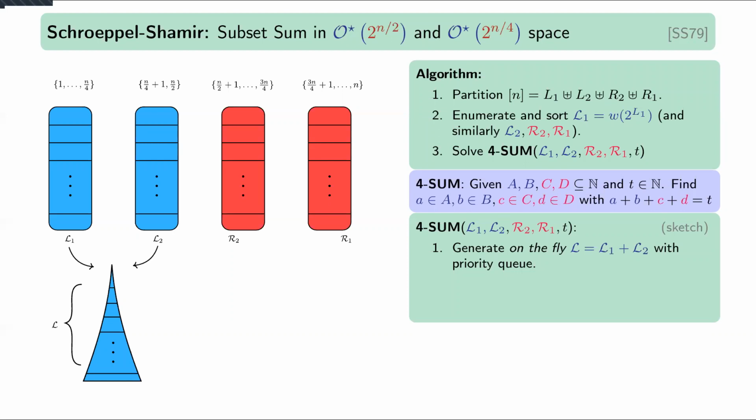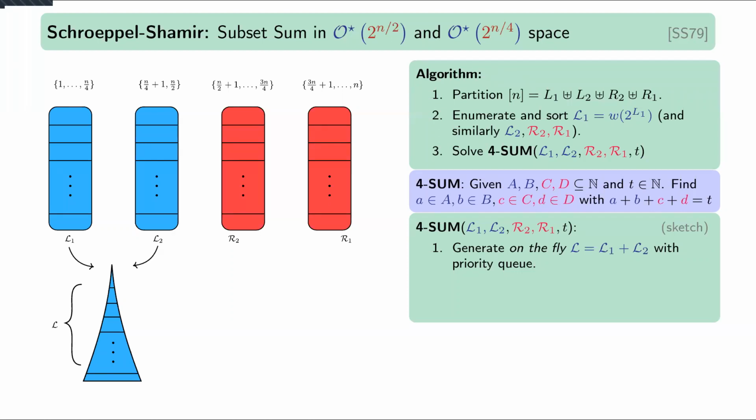The Schroeppel and Shamir idea is to generate on the fly this set calligraphic L that Horowitz and Sahni had. This set is built from calligraphic L1 and calligraphic L2, and keeping this data structure for calligraphic L takes only space linear in the input.